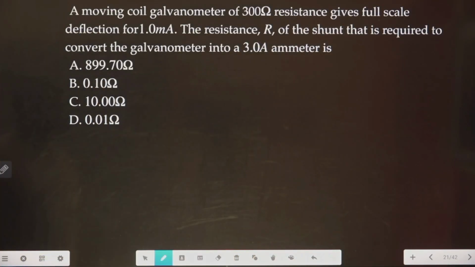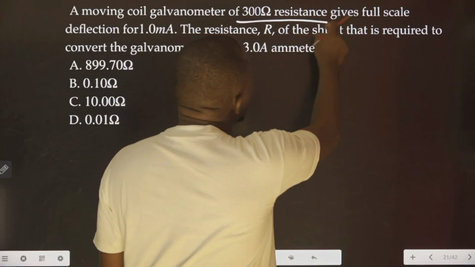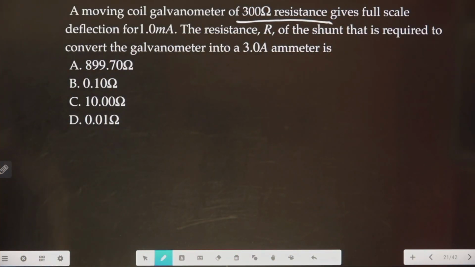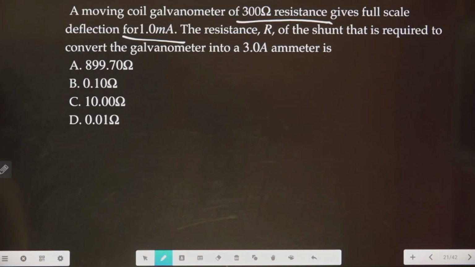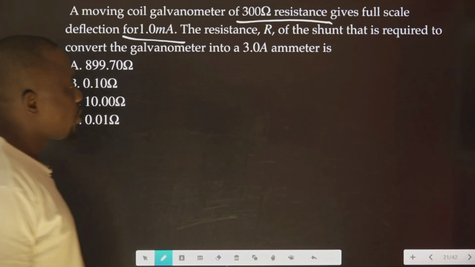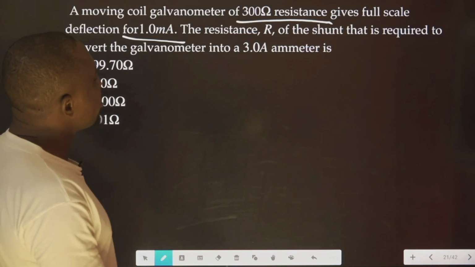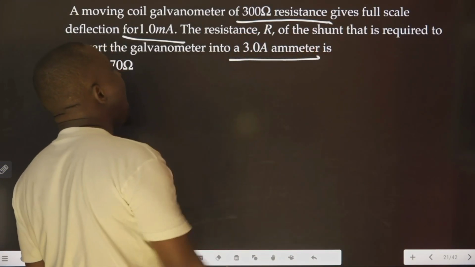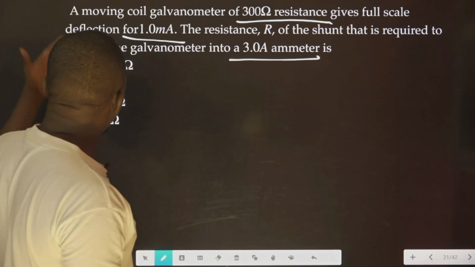Let's look at this. It said what? A moving coil galvanometer of this resistance gives full-scale deflection for this. The resistance R of the shunt that is required to convert the galvanometer into an ammeter of 3 amps is what?